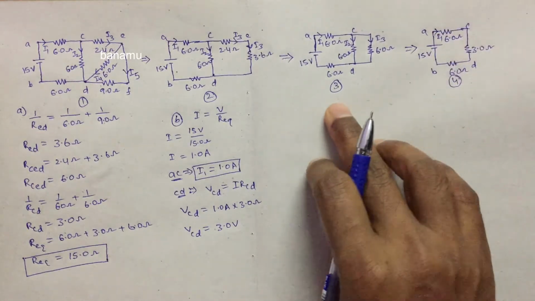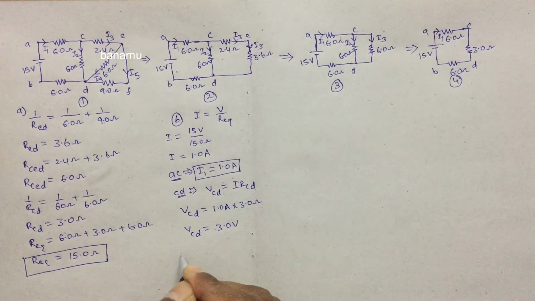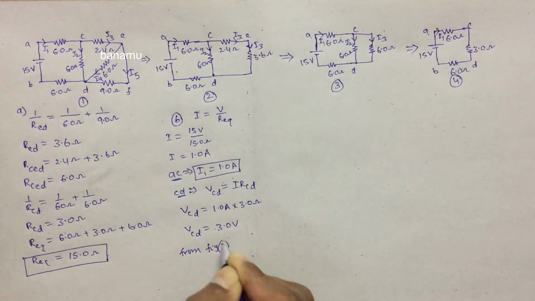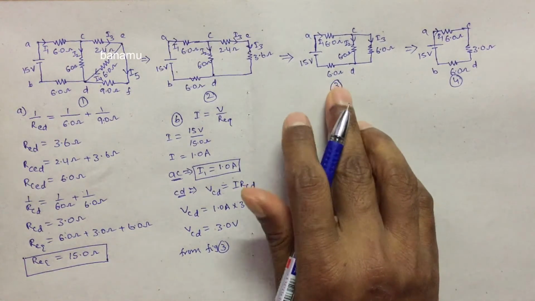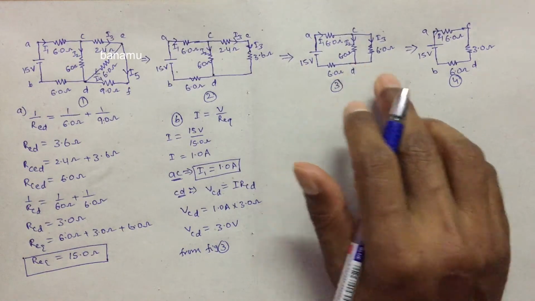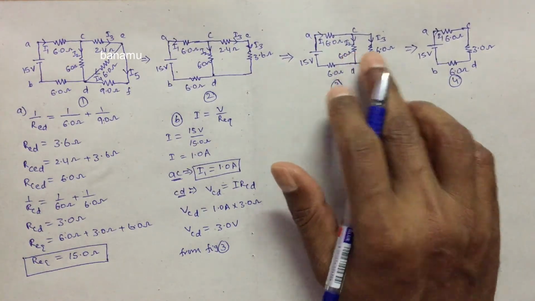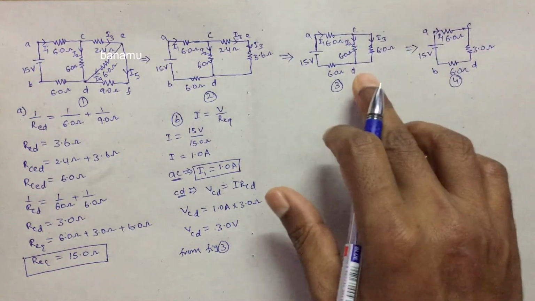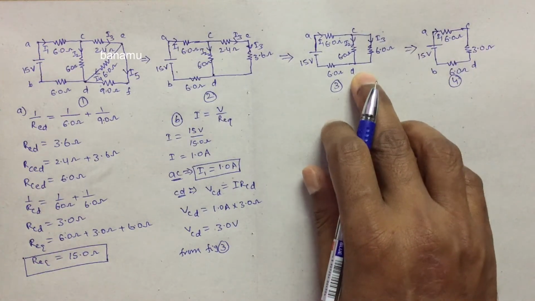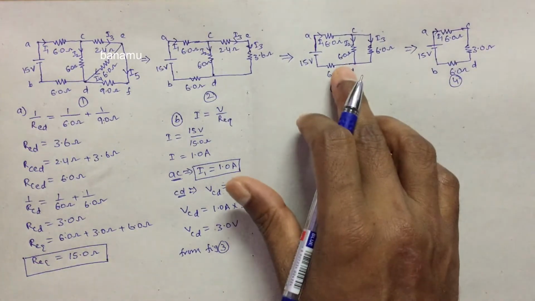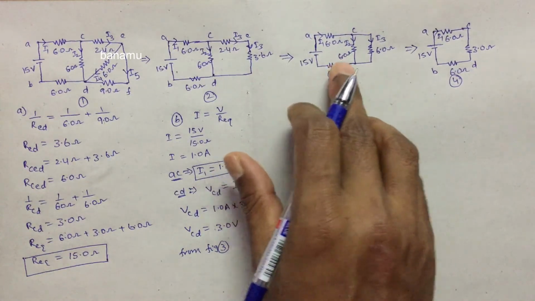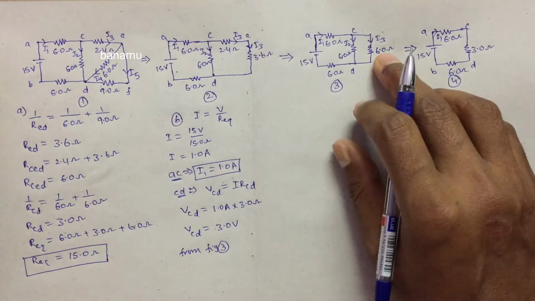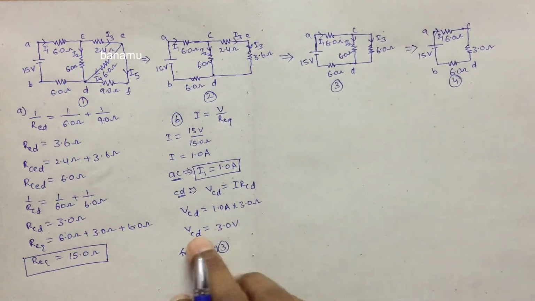And consider figure 3. From figure 3, the 6 ohm resistance and another 6 ohm resistance are connected in parallel between the points CD. In a parallel circuit, the potential difference is the same across any resistance. So the potential difference across each 6 ohm resistance is VCD.